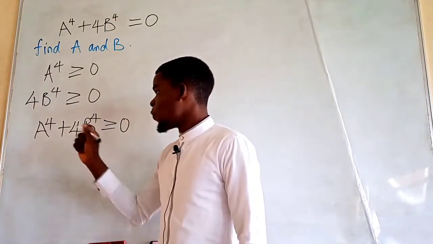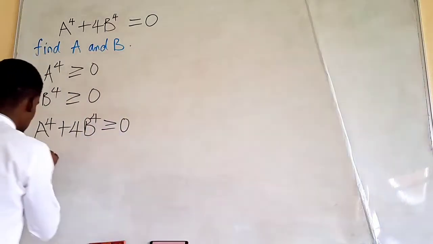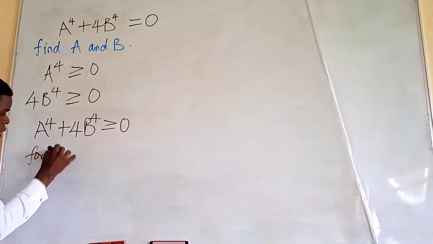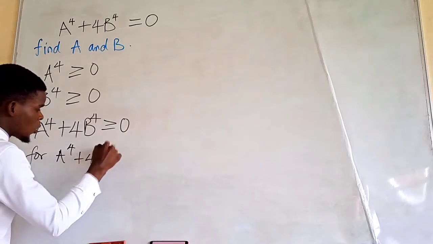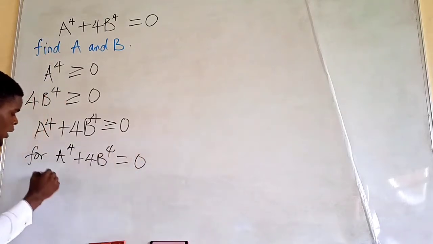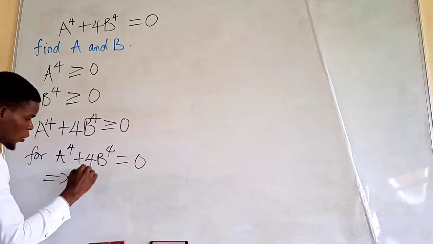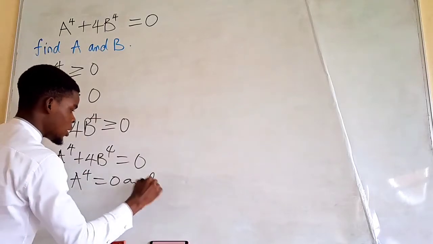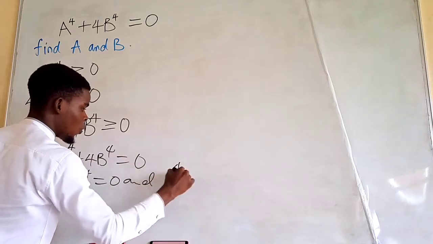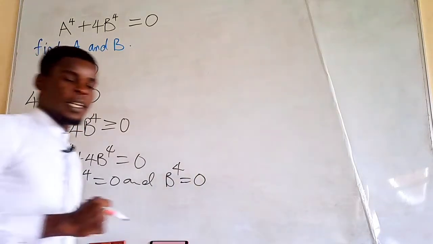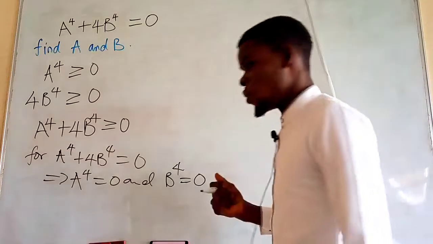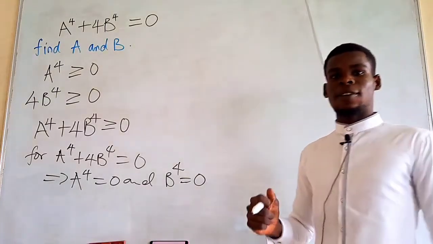That means, let me just put it down, for a raised to the power 4 plus 4b raised to the power 4 to be equal to 0, it implies that a raised to the power 4 is 0 and b raised to the power 4 is also 0. So that is what I'm saying, okay? The sum of two numbers is giving you 0, where the two numbers cannot be negative.